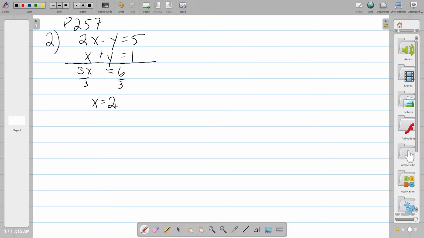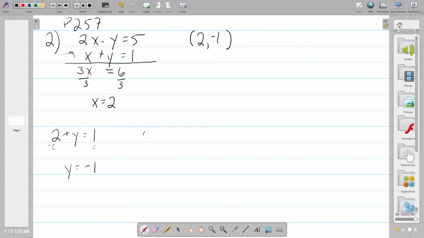So x equals 2. So in our ordered pair, I started to write an x because that's the goofiness I am, 2 comma something or other. So all we have to do is take one of these and replace it. It doesn't matter. Let's go with this one for now. Replace the x with the 2, plus y equals 1. Subtract the 2, y equals negative 1.